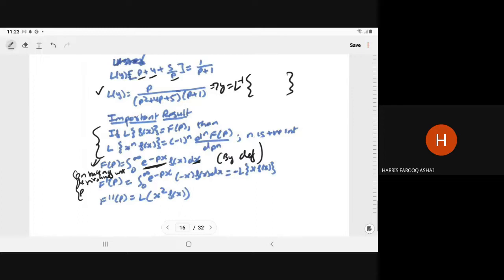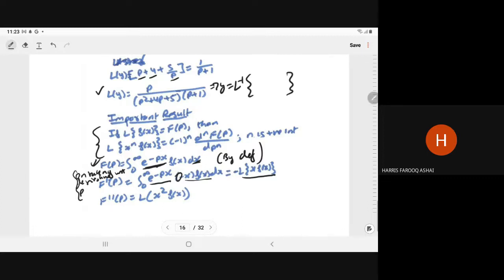If you take this minus outside the integral, it is the integral from 0 to infinity of e^(-px) x f(x), so that is L of x f(x).